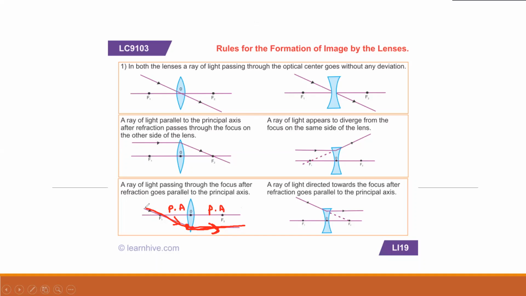It is just the vice versa of the second rule. In the second rule, the ray was parallel and after refraction it passed through the focus. Now the ray is passing through the focus, and after refraction it becomes parallel.